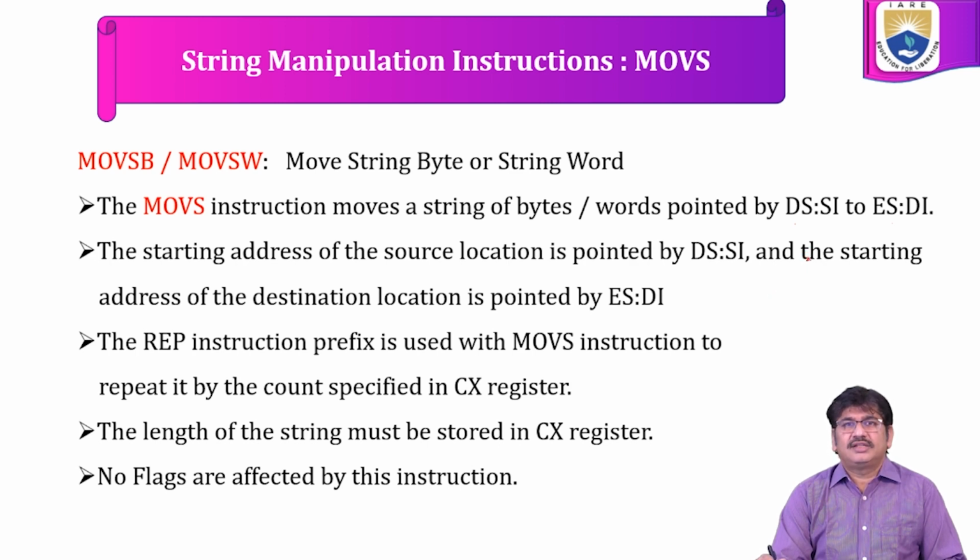Either the end address or starting address we have to load initially into DS:SI and ES:DI. The REP instruction prefix is used with the MOVS instruction to repeat it by the count specified in the CX register. The length of the string must be stored in the CX register. No flags are affected by these instructions.